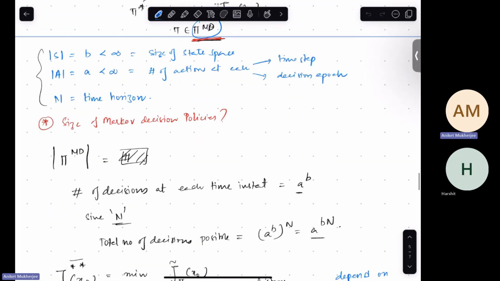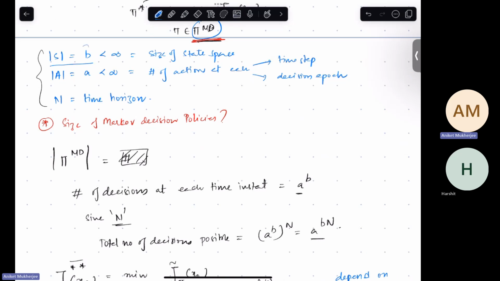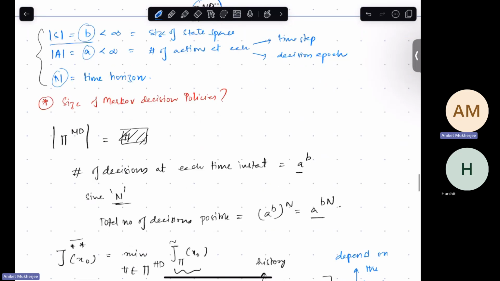If you have a state space with cardinality b, a number of actions at each time step, and an n time horizon, and you jot down all the policies and calculate the cost for each of them, you're jotting down a to the power b times n policies, which scales very badly. Even with just 10 actions and 10 time horizons, that is a very large number of policies.